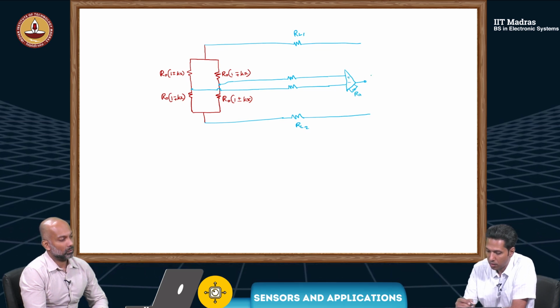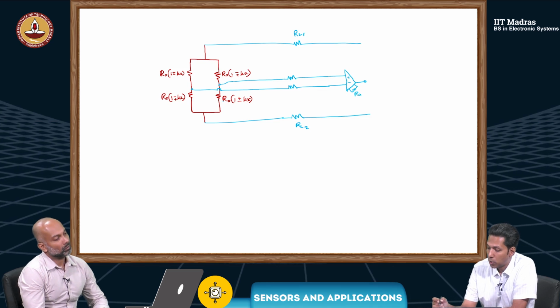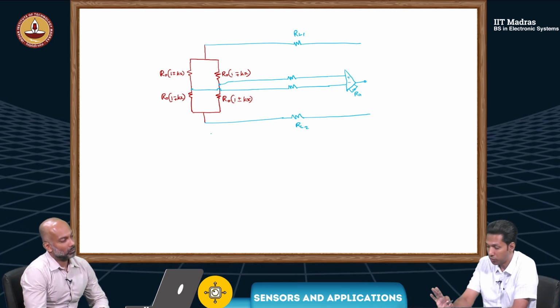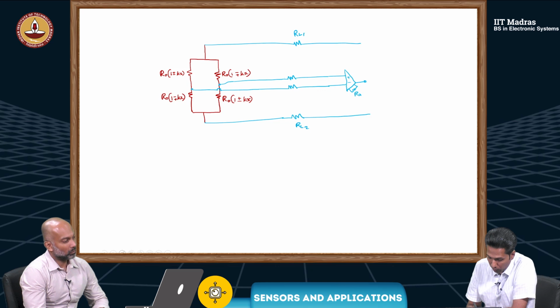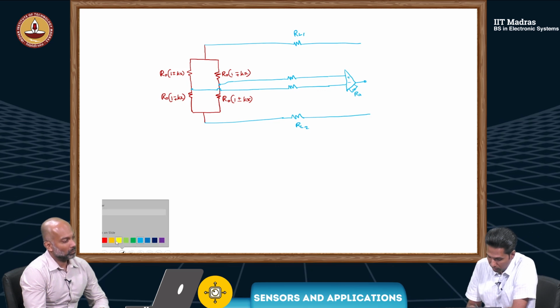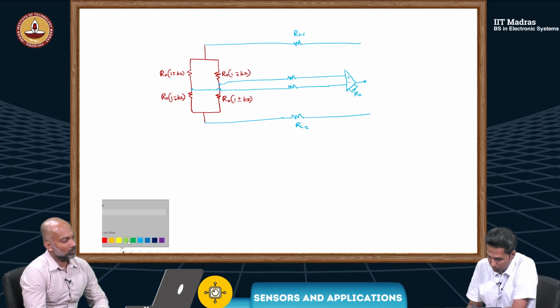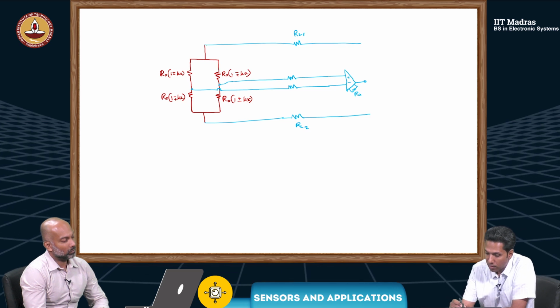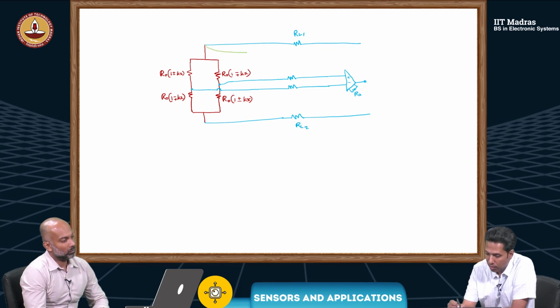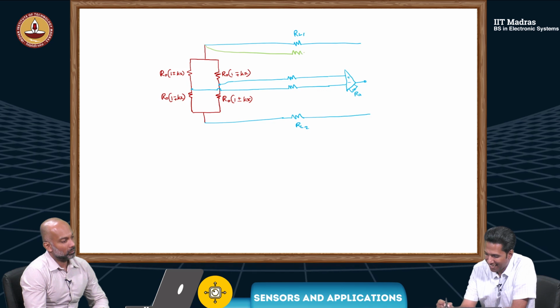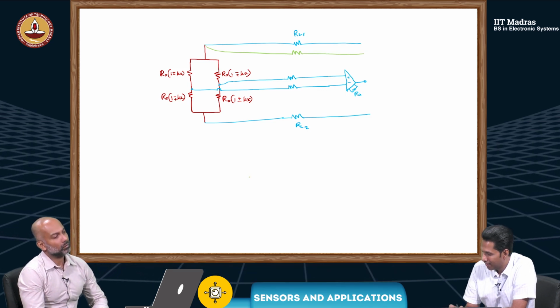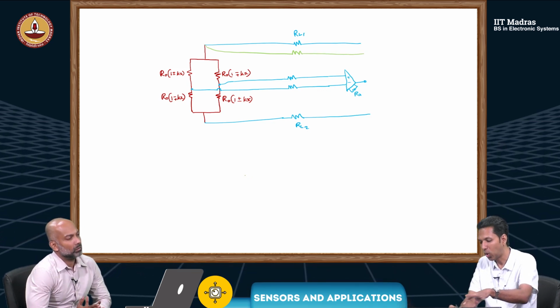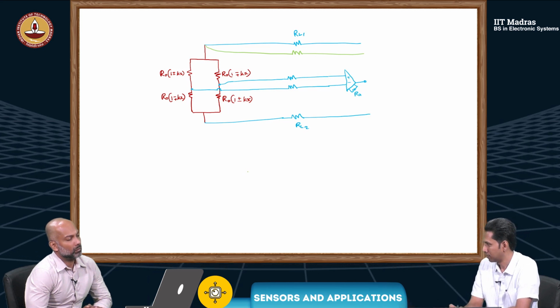This is INET. So this is what we discussed. Now I am saying, let's say from here, I draw one more wire. You treat this whole bridge as that RX.